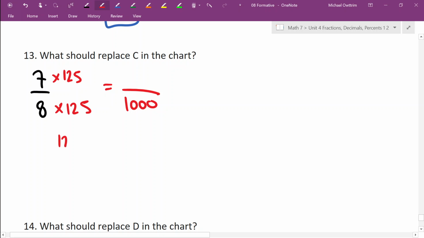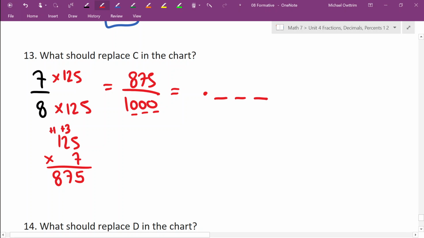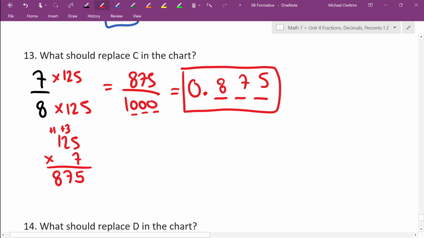Again, don't be afraid to long multiply here. 7 times 5 is 35. 7 times 2 is 14, plus 3 is 17. 7 times 1 is 7, plus 1 is 8. So this is 875 out of 1,000. 1,000 with 3 zeros is 3 spots after the decimal place, and we can fill in our 5, 7, and 8 from right to left to make our decimal.